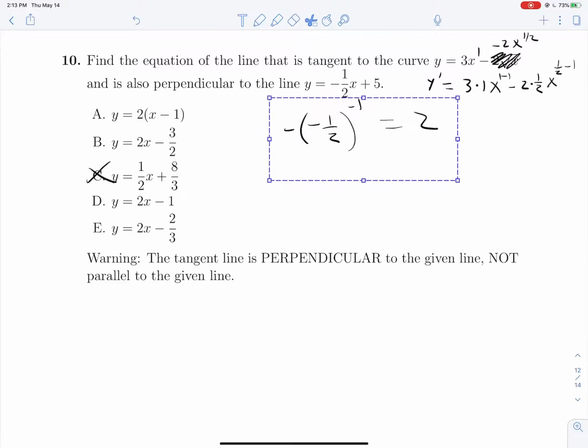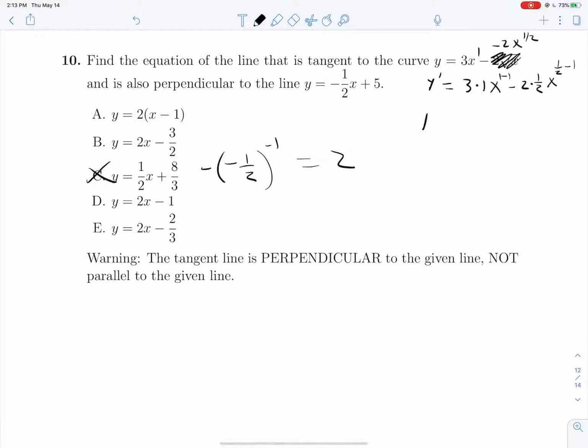So simplifying this down a bit, we have y prime is equal to 3 times x to the 0, which is just 1, minus x to the -1/2 power. Perfect. So we're looking for the solutions for this thing's slope, y prime, our derivative, equal to 2. So 2 is equal to 3 minus x to the negative 1/2. Let's solve for x.